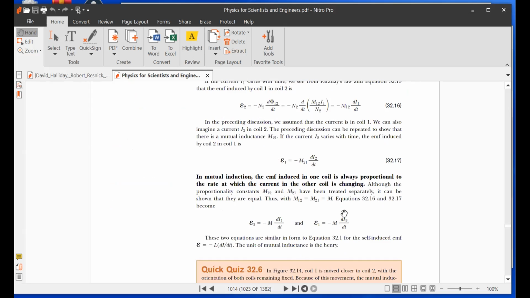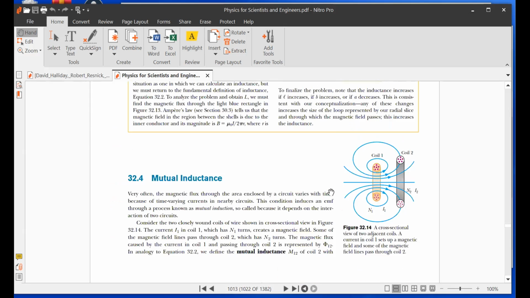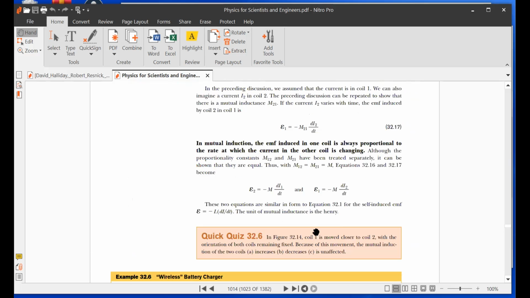Because the interaction between these two coils is ideal, it means there is no power loss. The power is ideally transferred to the second coil. If there is no power loss, we could say that M12 is equal to M21. The efficiency is 100%.